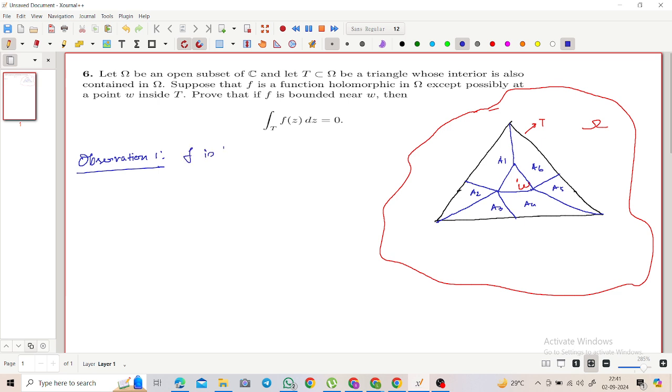F is holomorphic. Since F is holomorphic on all of omega apart from just w, F is holomorphic on each A_i, right? Or holomorphic on an open set.